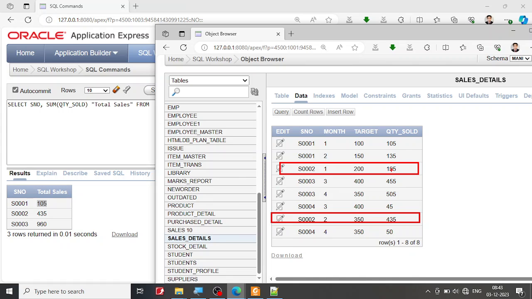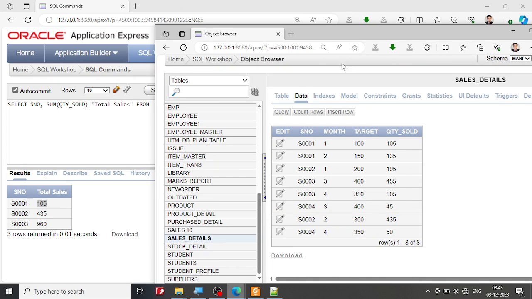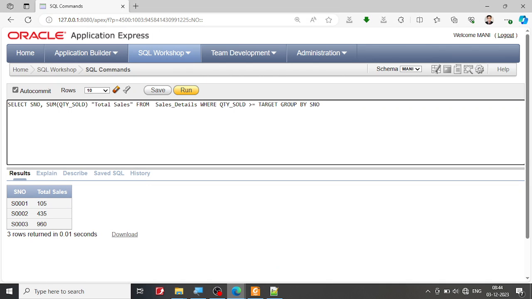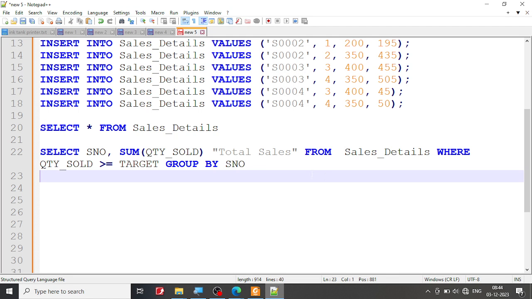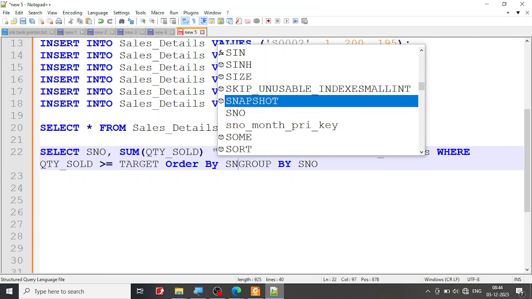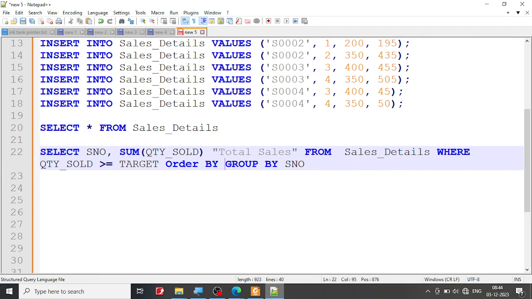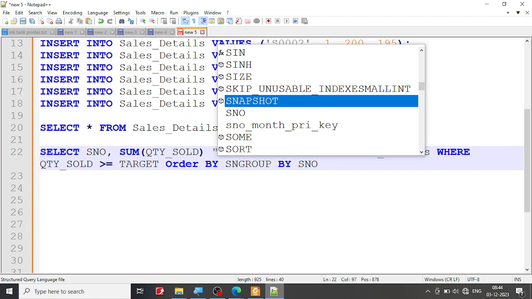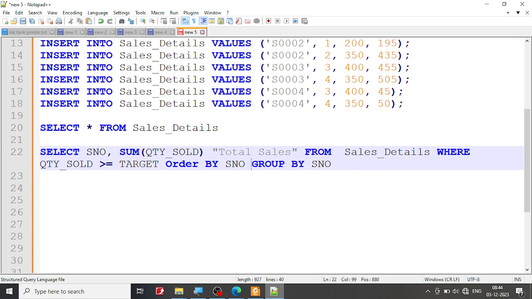If you look at this one, 003, it has added this one. So what can I do? That is the next question. Can I put here order by sales number?